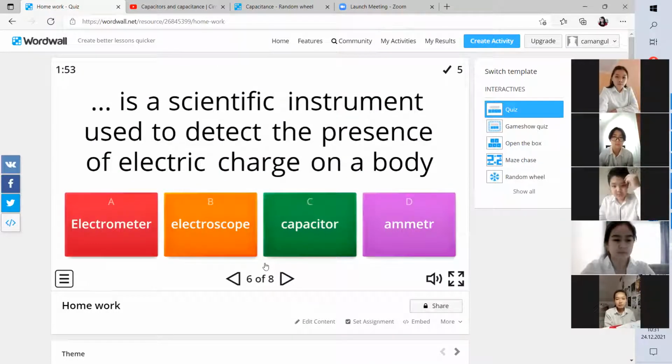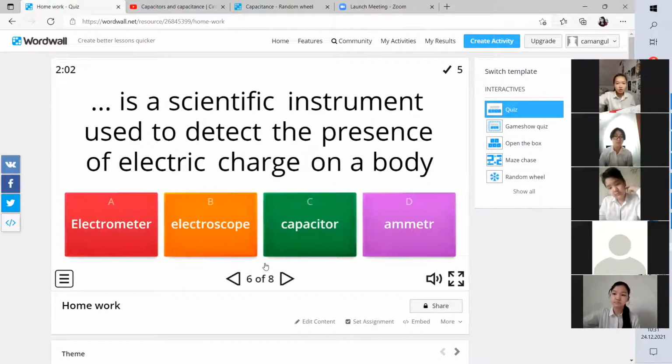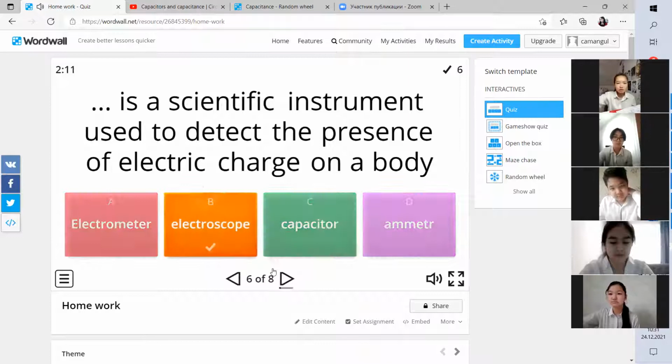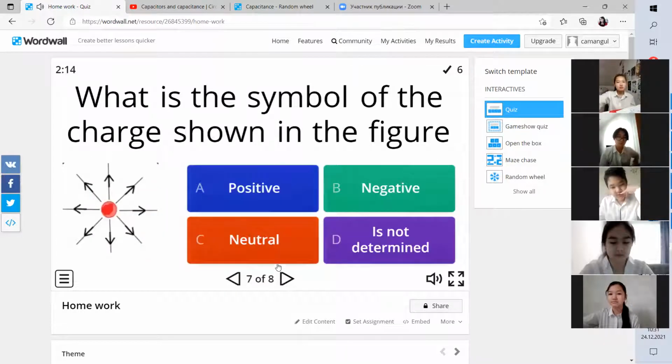Ghaziza? Scientific instrument used to detect the presence of electric charge on a body, maybe B? Yes. Aydana? What is the symbol of the charge shown in the figure?